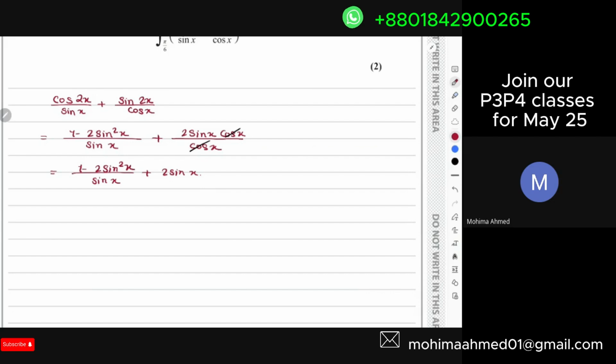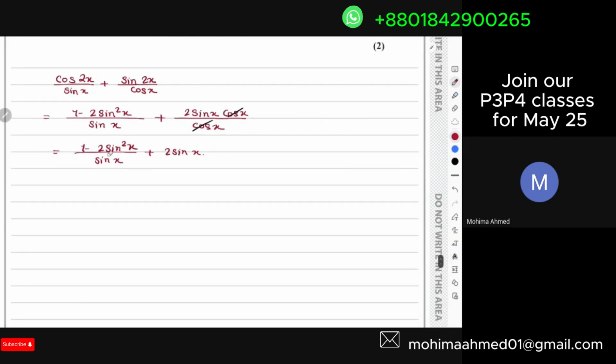After this, we can break down this part again and write it like this: 1 by sine x, minus 2 sine square x by sine x, and plus 2 sine x.